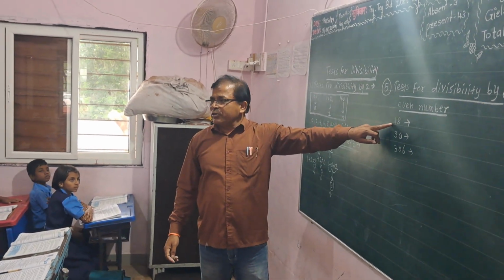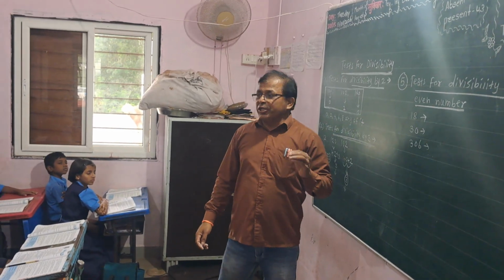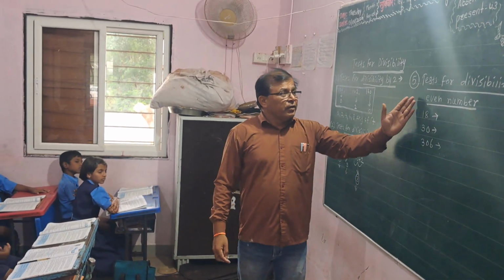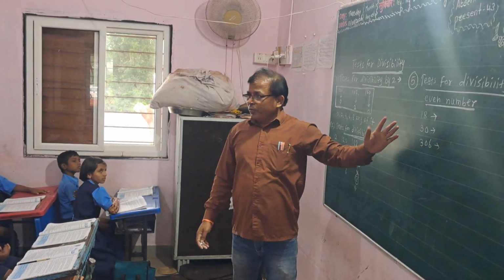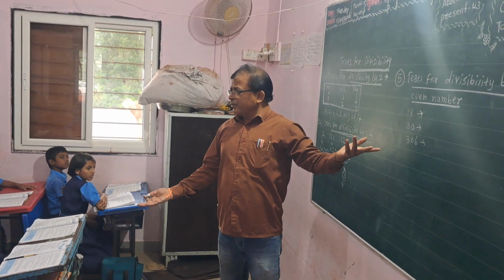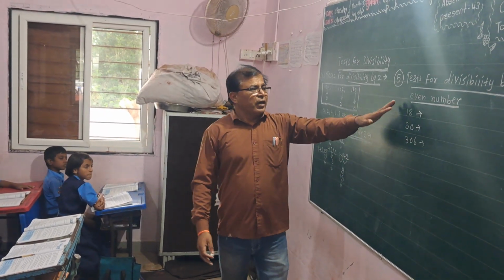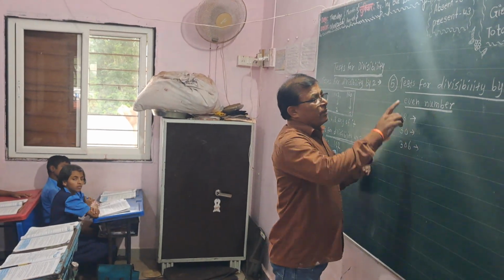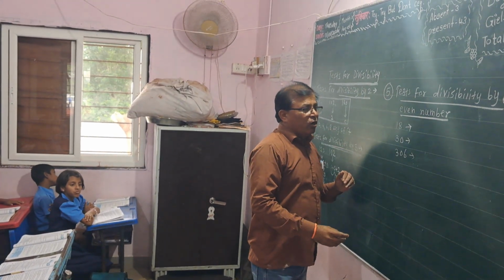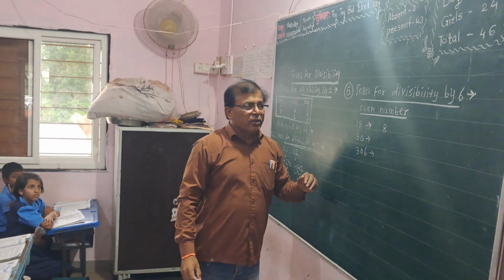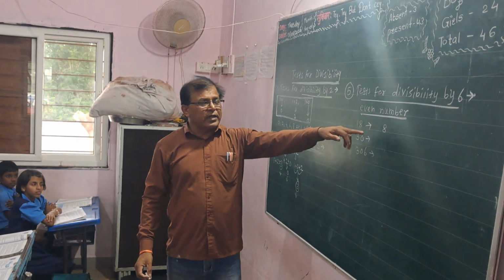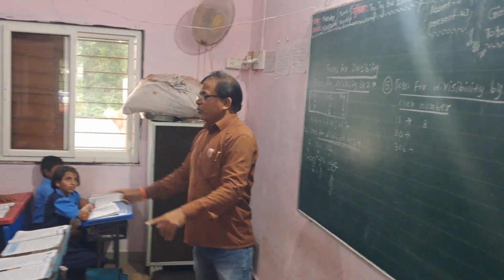First, check it out. 18 is present in the test for divisibility by 2. Why is this 18 applicable for the test for divisibility by 2? Because the unit place digit is 8. Thus this number is completely divisible by 2.